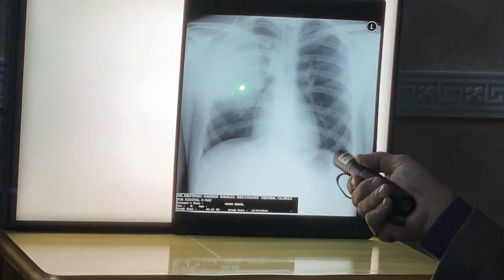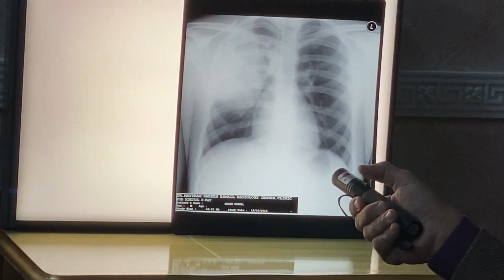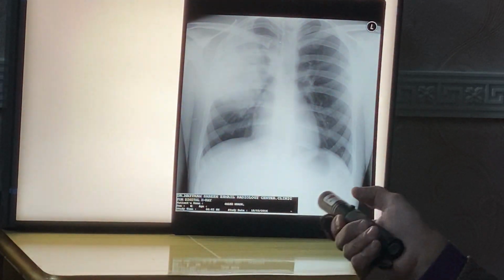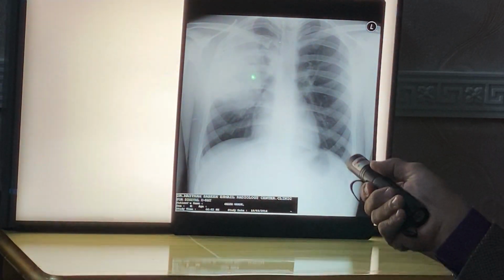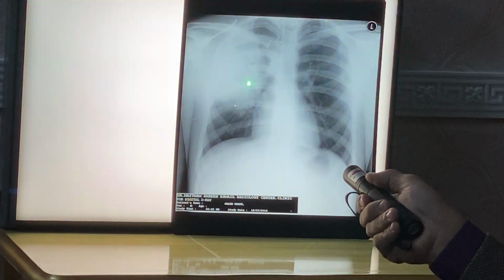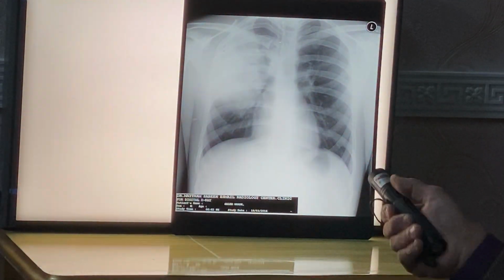Why is it not a mass? Because pneumonia respects the mediastinum, and the tumor doesn't respect the mediastinum.